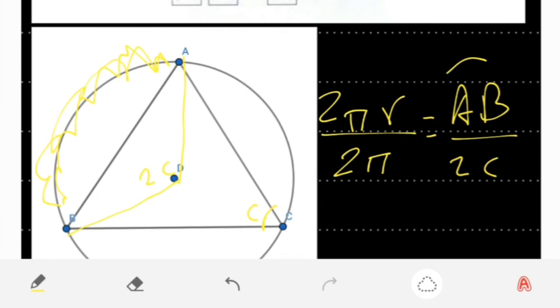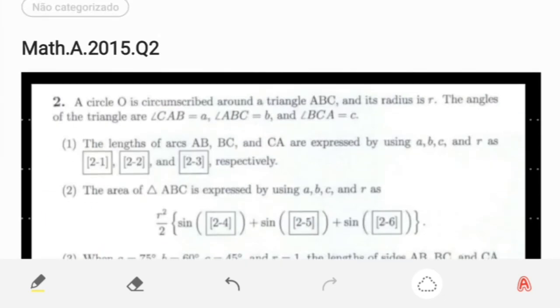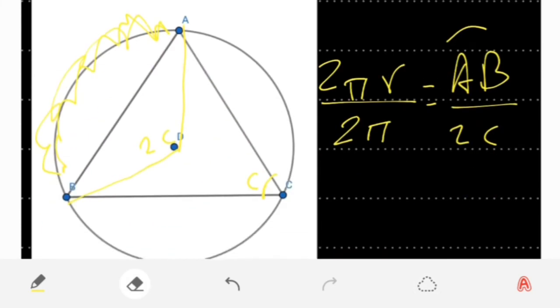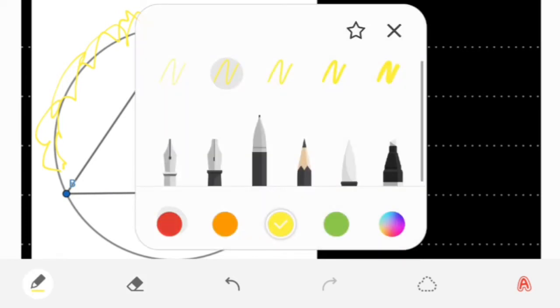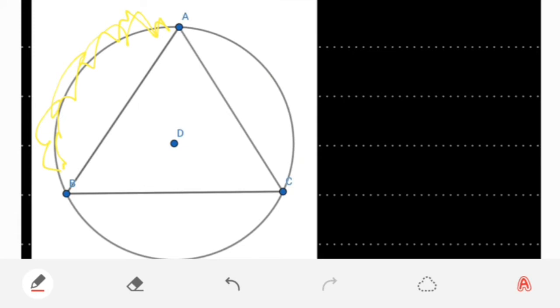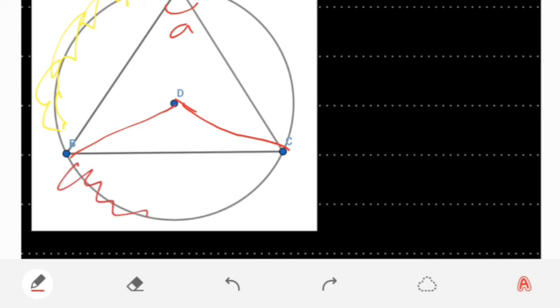So we have this. Now for the next answers, I'm going to do the same thing. So look, now the same thing again over here. Now let's use a red pencil. So let's say, for example, this over here. So this is A, right? And this over here, what is it seeing? It is seeing this arc over here, right? And this also sees this arc.